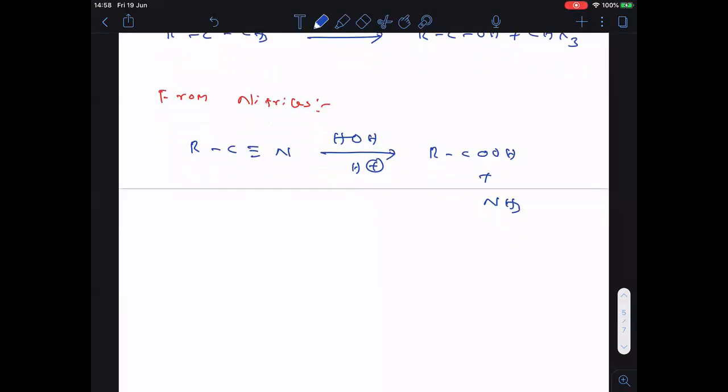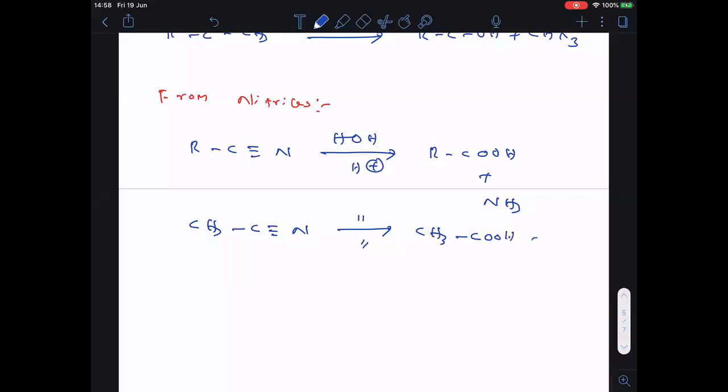So now here, let us take some 2-3 examples. Very important one, this one. Methyl cyanide when it undergoes hydrolysis in acidic medium. Clear? Then what happened here?